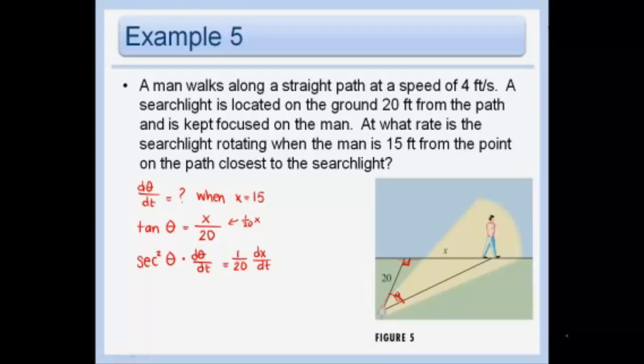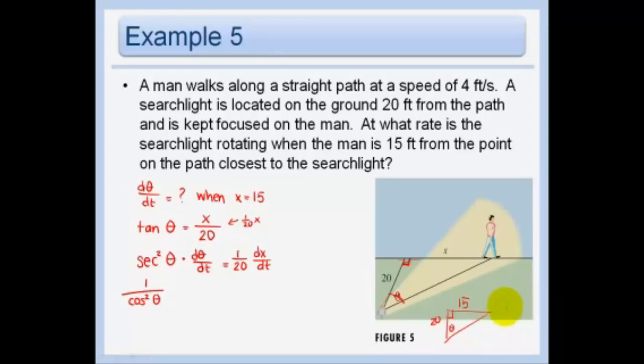So now we can just substitute in what we have. We want secant squared of theta. That is the same thing as 1 over cosine squared of theta. What is cosine squared of theta when we plug in our values? So when we plug in our values, we have 15, 20, and here's theta.